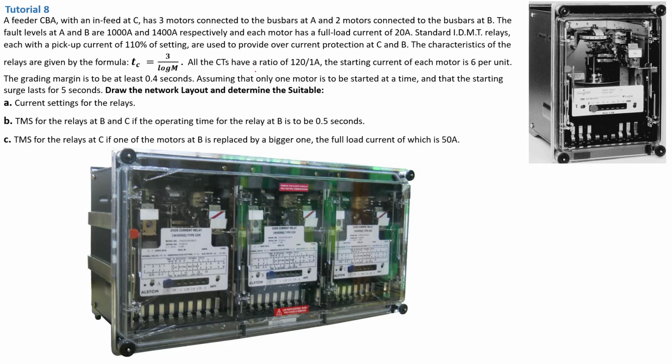Now, why is it inverse definite? Well, it is inverse because the operation of an IDMT relay is inversely proportional to the amount of current that is passing. So if you have a high current passing onto your line, then the IDMT relay, which is an overcurrent relay also based on timing of operation, will trigger much faster compared to when you have less current passing, right?